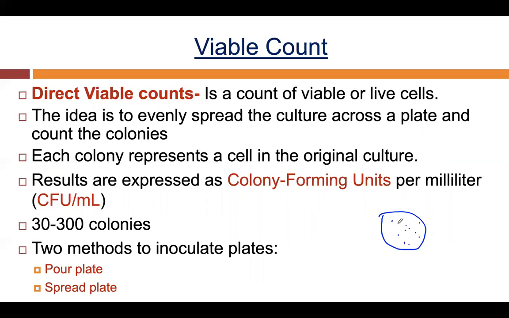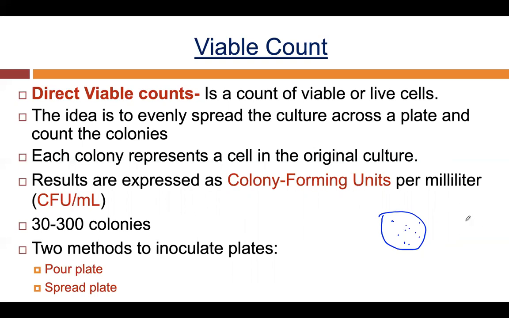And remember, in lab I told you that one colony represents one bacterium. So if I have 1, 2, 3, 4, 5, 6 colonies on the plate, that means at the beginning 6 bacteria were there. That's how we can count, and this is called colony forming units.